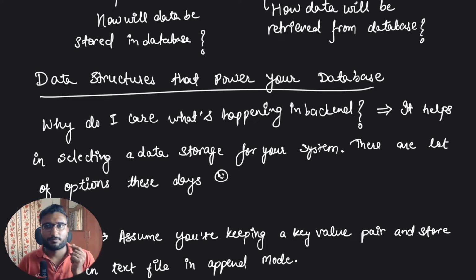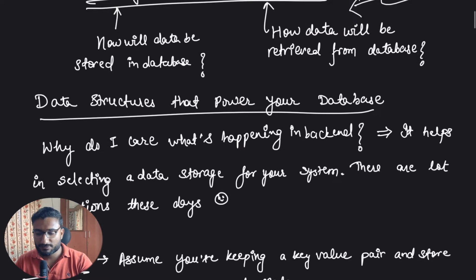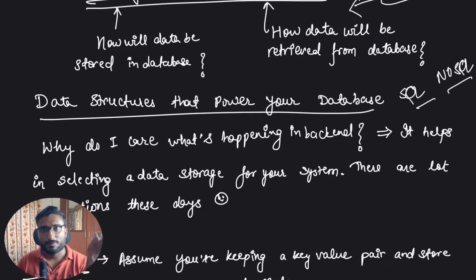But if you see, there are a lot of databases available right now in the market. If we talk about broad streams, you have SQL kind of databases, which provide transactional support, and then there are NoSQL kind of databases. Inside them as well there are a lot of databases. In NoSQL, there is ScyllaDB, DynamoDB, Cassandra, MongoDB.